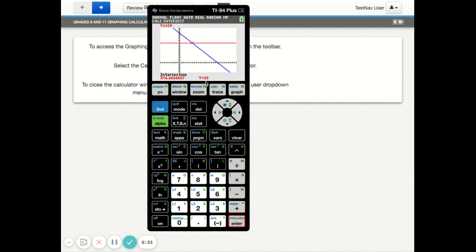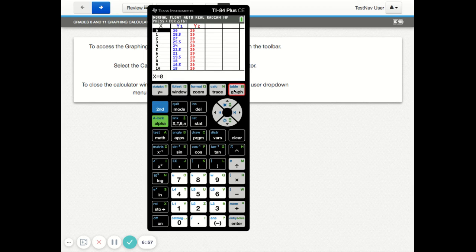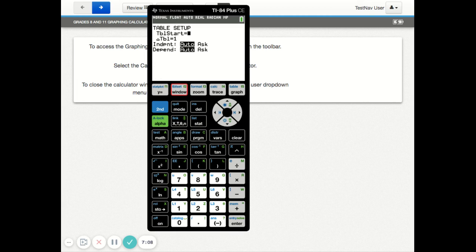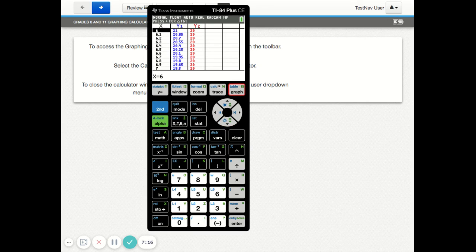And notice that this 6 2/3 is not an easy thing to find. For example, if I wanted to find when this is equal to 20, I see that that happens between 6 and 7. Sorry, I'm looking at the table, not the graph. So it's between 6 and 7, but if I want to count by 0.1s, I can see it's at around the 6 part.